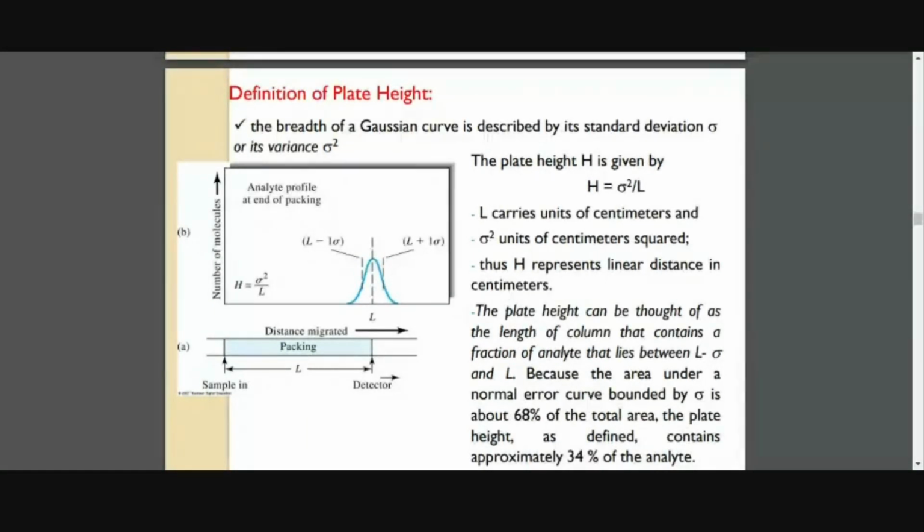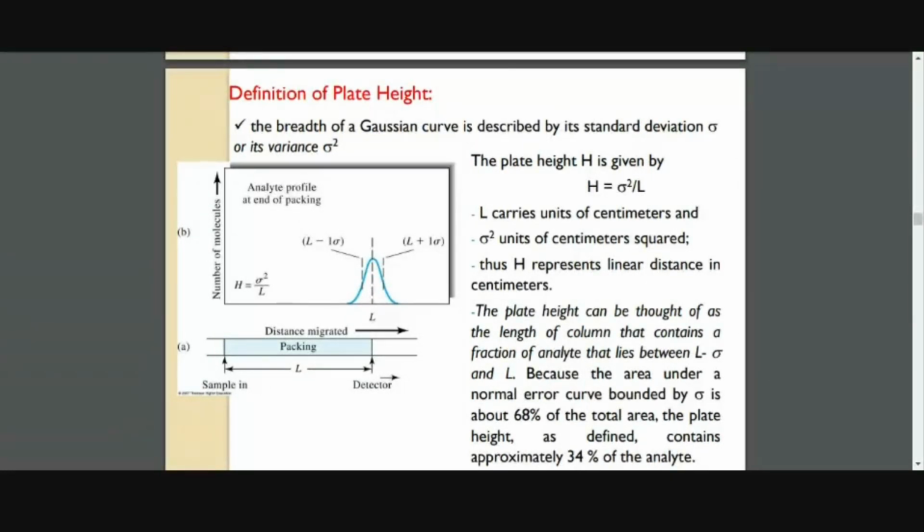L carries the units of centimeters, and sigma square we are measuring in centimeter squares. So H represents linear distance in centimeters. So H here is the plate height.